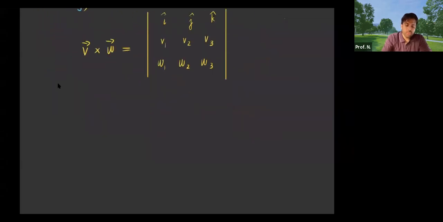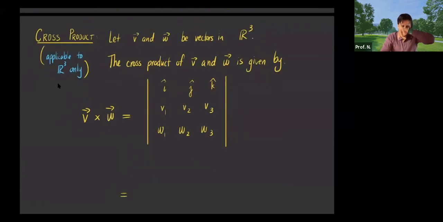So if we are to evaluate this determinant, what we're going to do is apply cofactor expansion along row 1. So how do we apply the cofactor expansion?